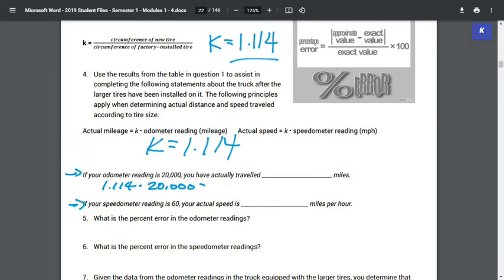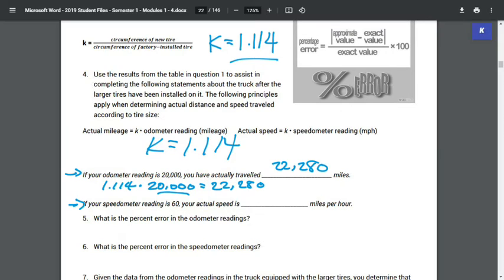When you plug that into your calculator, you're going to get 22,280. So if you took the tires off, put on bigger tires, and then figured out our constant, multiplied that by 20,000, that's actually how many miles you've driven on your vehicle. So even though the odometer is going to say 20,000, you've actually traveled 22,280.